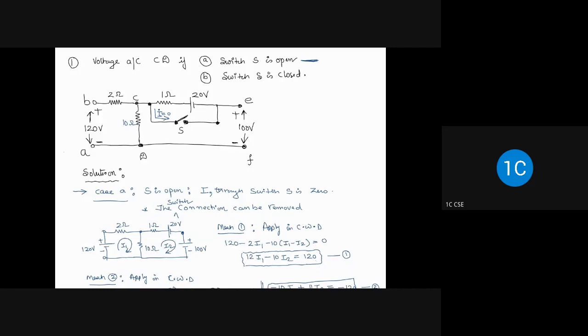Is it correct? Are you getting this? Yes, sir. Okay. Once you get these two simultaneous equations, can I go to the next page? Yes. All right. So solving equations 1 and 2 gives the mesh current I1.